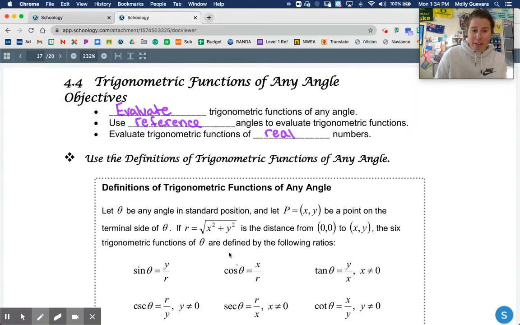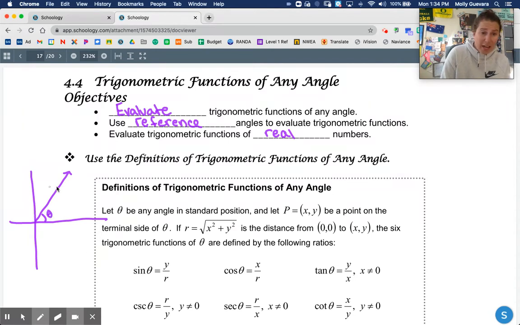So just by definition, definitions of trig functions of any angle, just as a reminder, SOHCAHTOA again, okay? If I have a quadrant 1 angle, I'm just going to draw a random angle, and we will call this theta. I don't know what theta is, it doesn't matter, it's a real number.